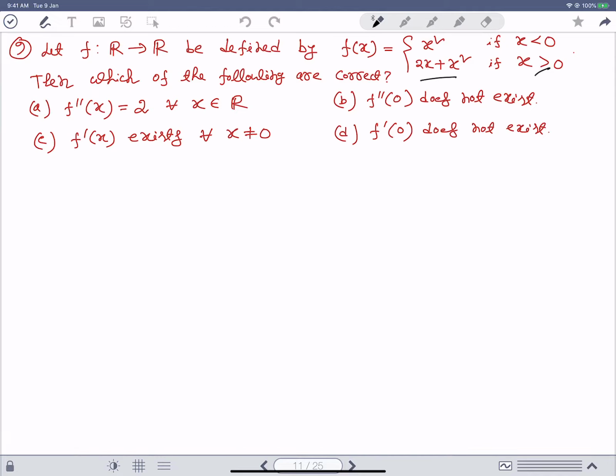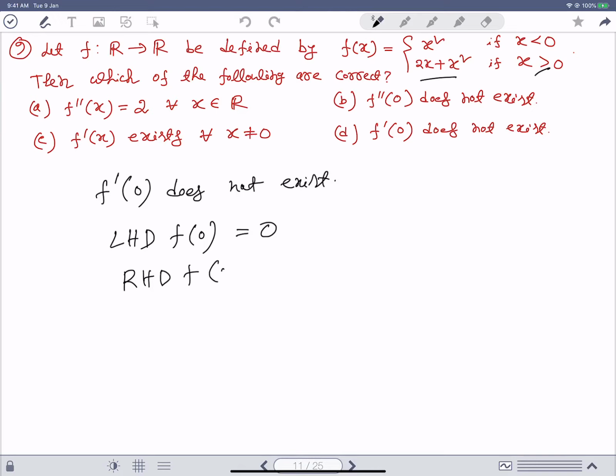Now, at 0 you can easily check that f dash 0 does not exist, because the left hand derivative at 0 will be 0, right, and the right hand derivative at 0 will be 2, right.